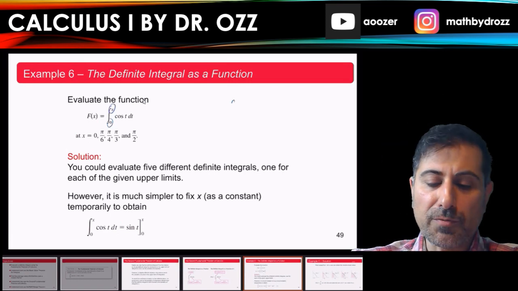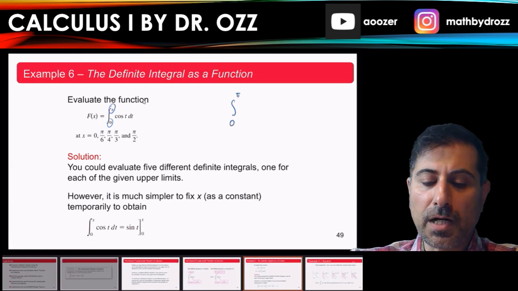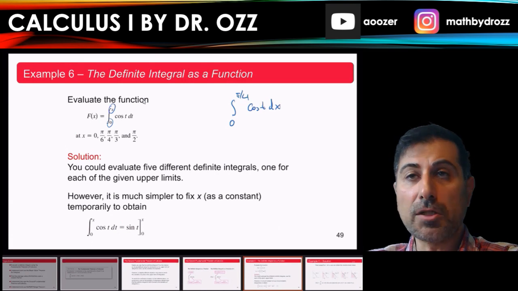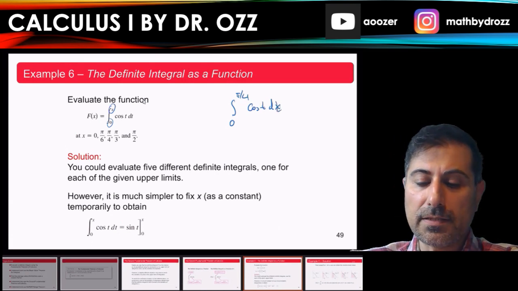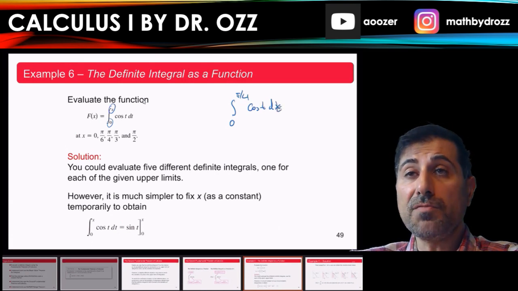So for example, the integral from 0 to pi over 4 of cosine t dt is the area between the cosine function and the t-axis, where t is between 0 and pi over 4.